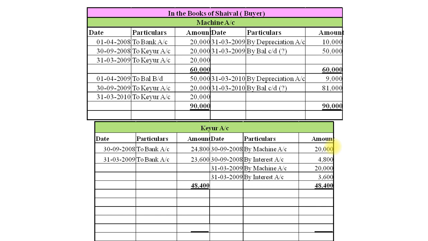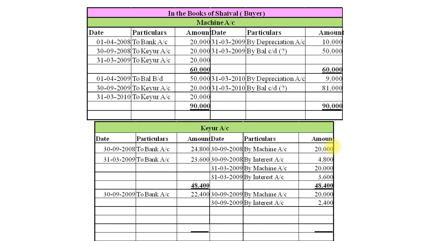Now come to the next year. On 30/9/2009 installment due entry, by machine account, by interest account, that is 20,000 and 2,400, and installment paid entry on 30/9/2009 to bank 22,400.